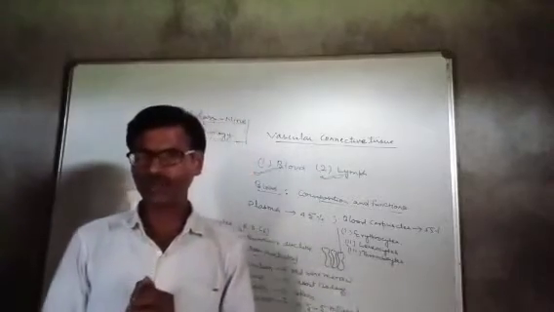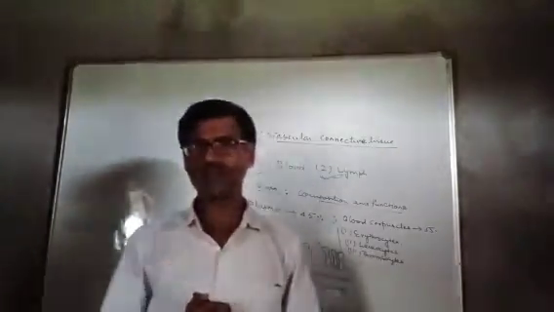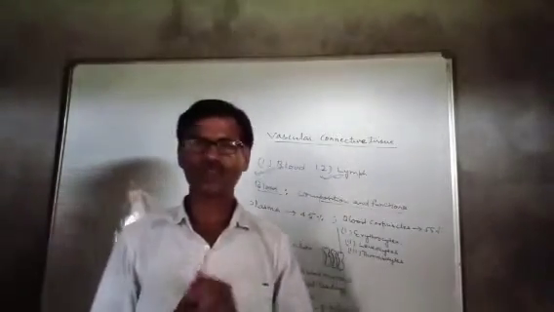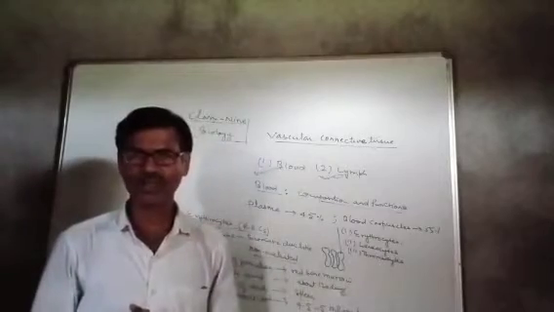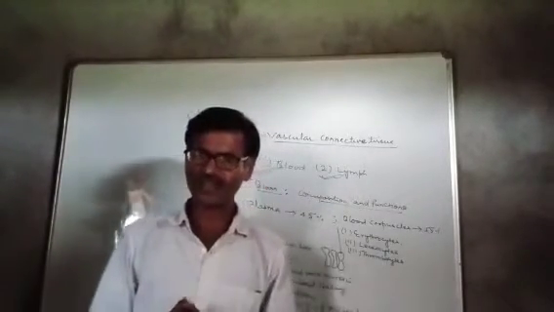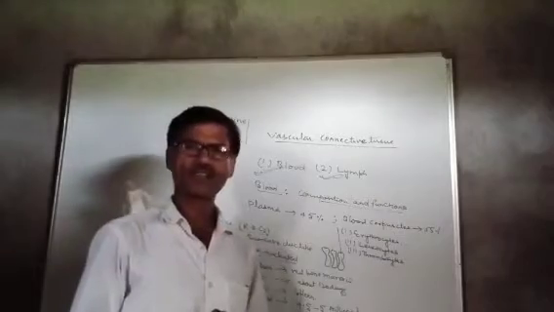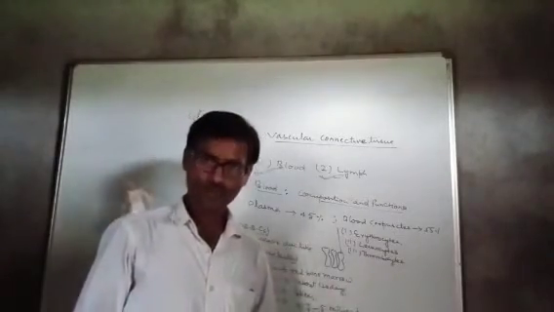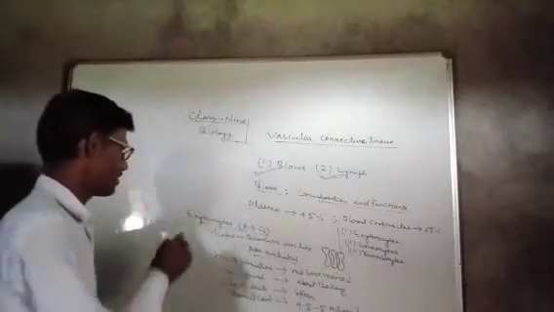It contains some important proteins such as fibrinogen and prothrombin, which are essential for blood coagulation. Plasma also contains antibodies which fight against foreign antigens. I discussed plasma in the last video. Today I will explain RBCs.